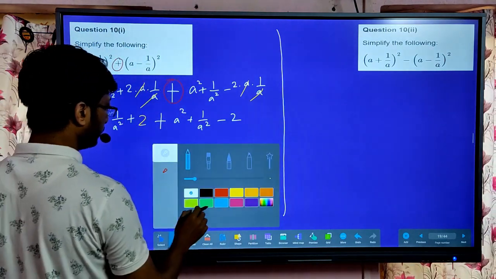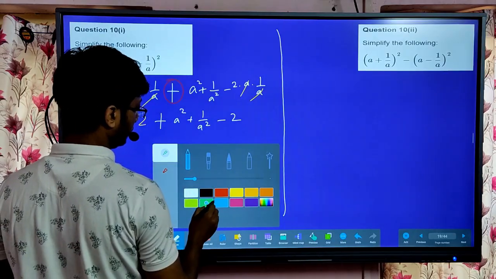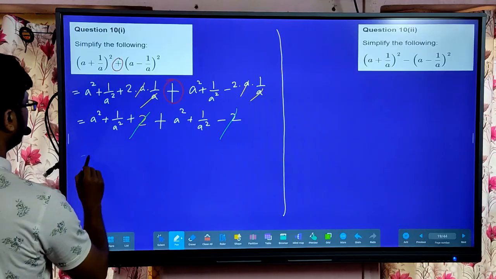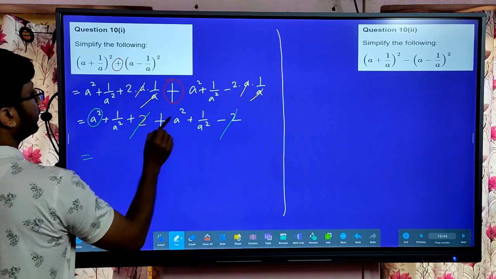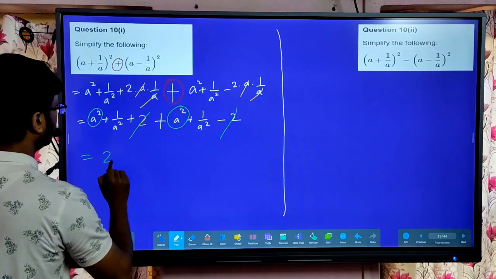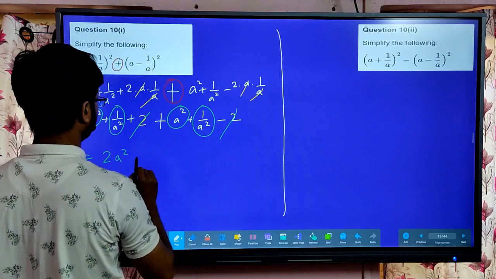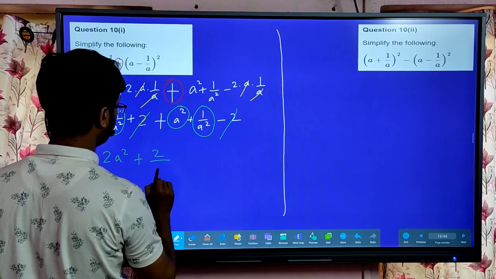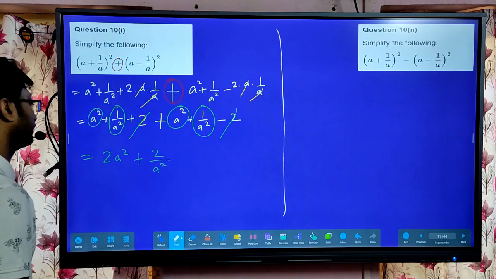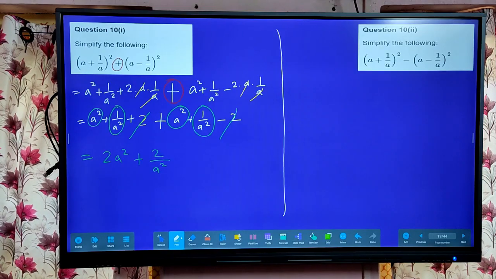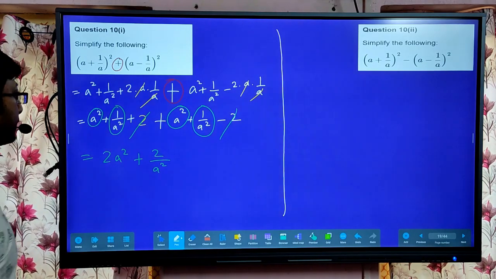So here this minus 2 and plus 2 will get cancelled out, and we have a square over here and plus a square, so there will be 2a square, again 1 by a square plus 1 by a square, so it will be plus 2 by a square. Understood? 1 by a square plus 1 by a square, so 2 into 1 by a square, so that is 2 by a square.